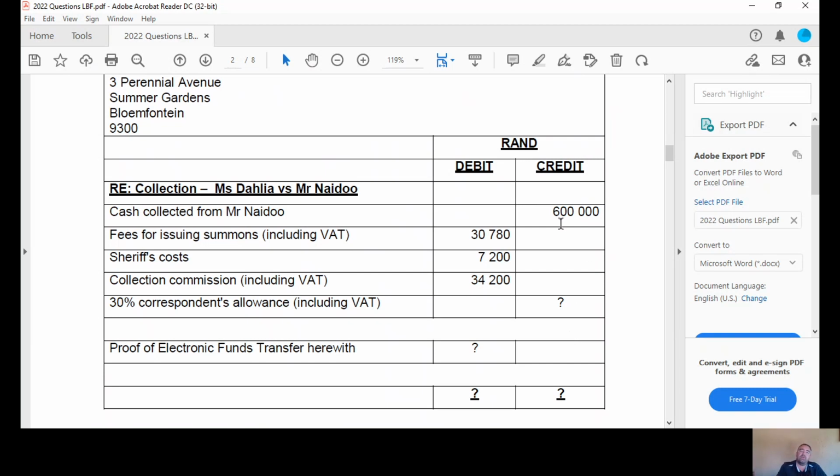So you're going to take the 600, deduct the 37,234. You're going to add back the 30% allowance, and whatever is left then is what you've got in trust, and you will then do a payment to Gray Attorneys for that amount.